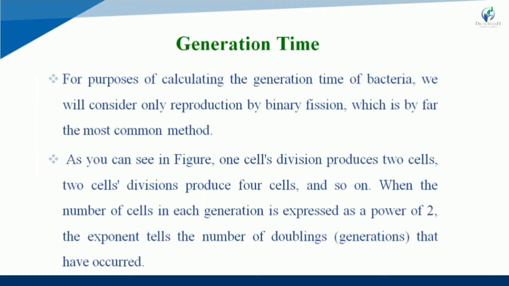When the number of cells in each generation is expressed as a power of 2, the exponent tells the number of doubling generations that have occurred.